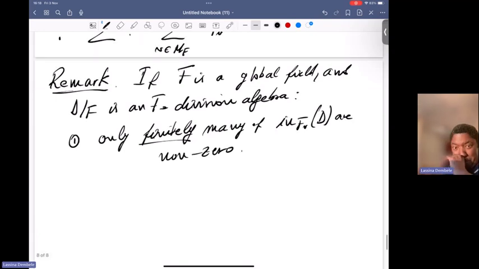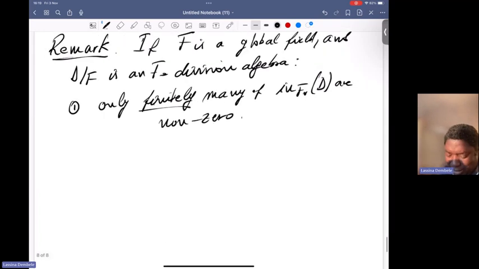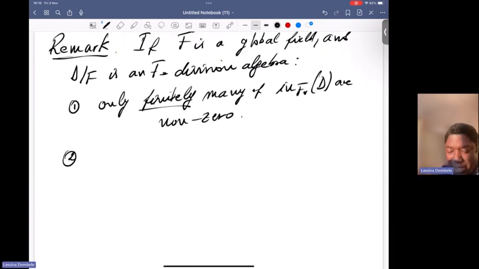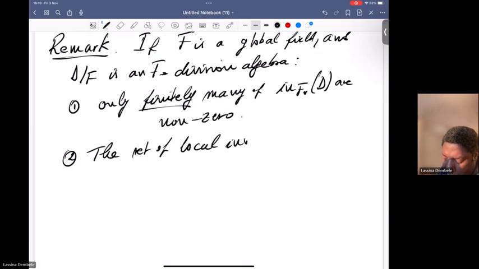And then the second condition is that the set of local invariants determine D up to isomorphism.